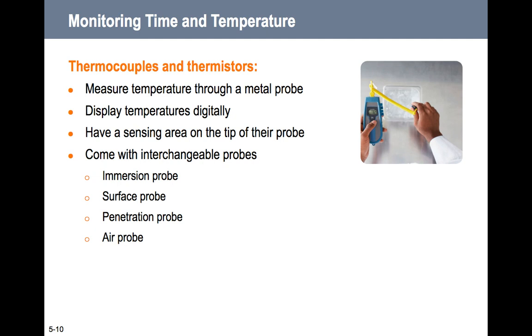Our next type of thermometer are thermocouples and thermistors. They measure temperature through a metal probe, display temperatures digitally, and have a sensing area on the tip of their probe. These come with interchangeable probes, including immersion probes, surface probes, penetration probes, and air probes.